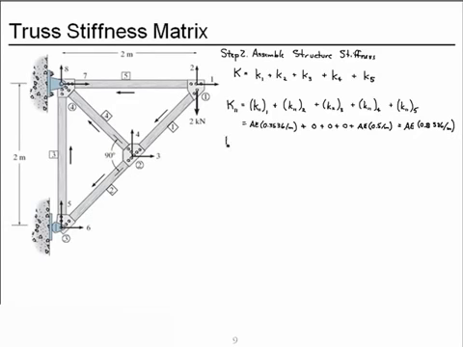Now let's look at coefficient 1, 2. That is force at degree of freedom 1 due to unit deformation at degree of freedom 2. Same idea.